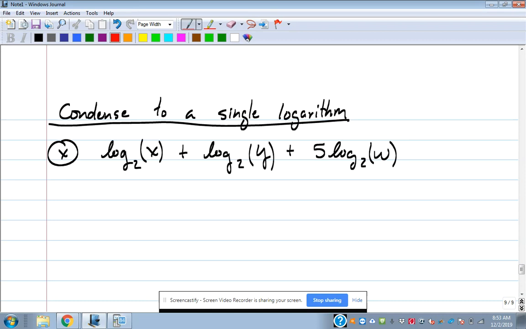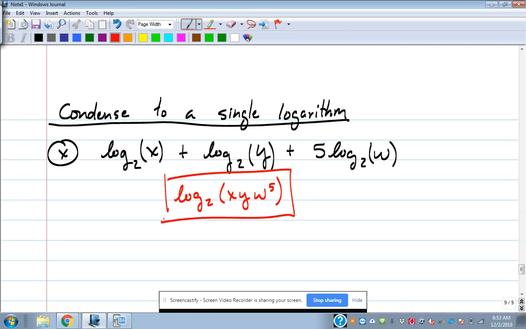No division involved because there's no minus signs. When I put the first two together, that's going to be x times y. And then what's the last one going to be? w to the fifth. So it's going to be log base 2 of x, y, w to the fifth. All of them multiplied together.